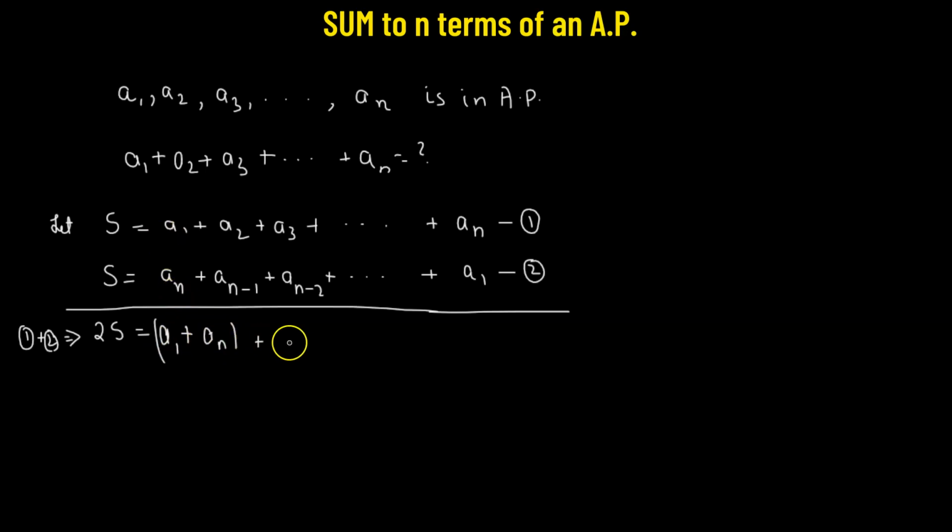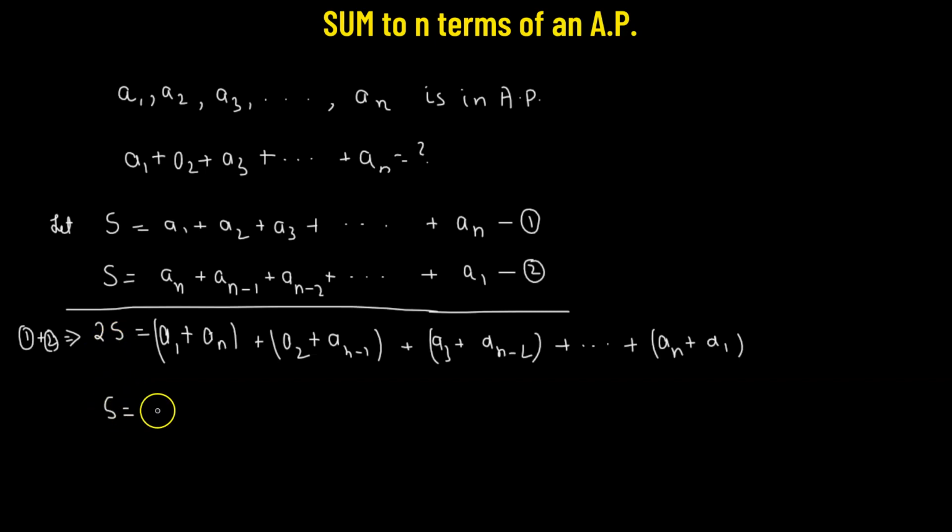Then we are going to add a2 with an minus 1, plus a3 with an minus 2, all the way up to plus an plus a1. Since we are interested in finding out the sum, here we have 2s on the left hand side. We're going to divide both sides by 2. So we're going to get half, whole multiplied.